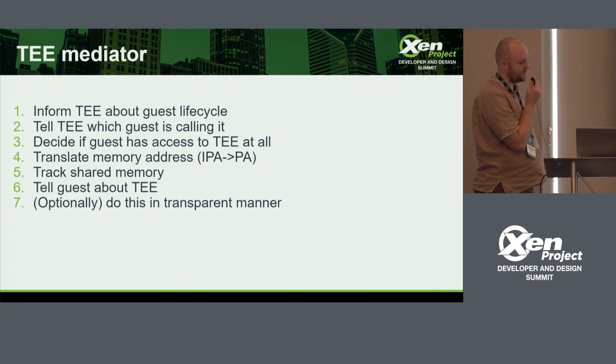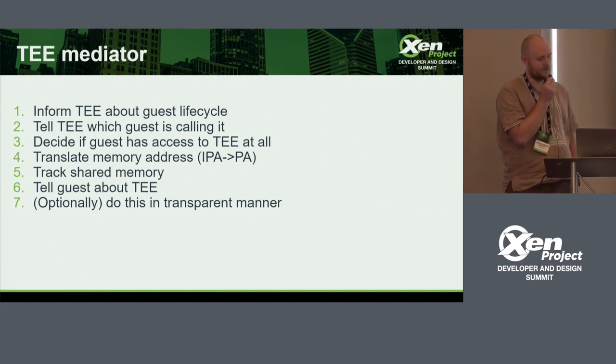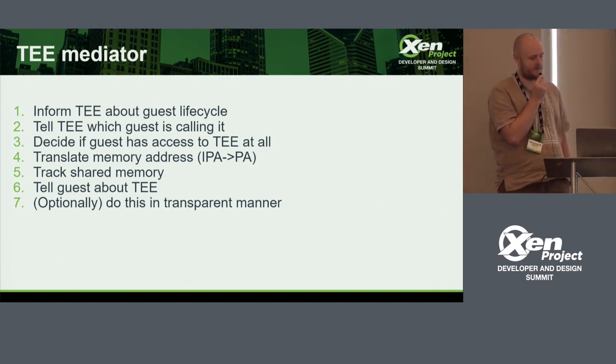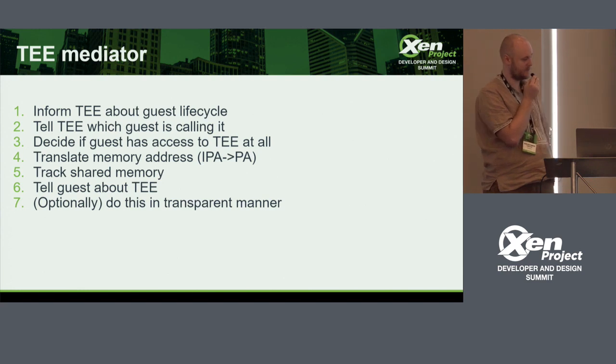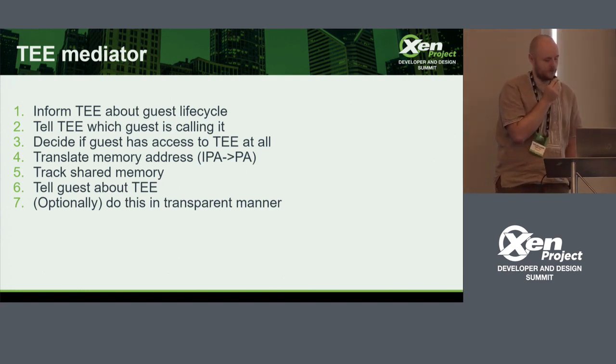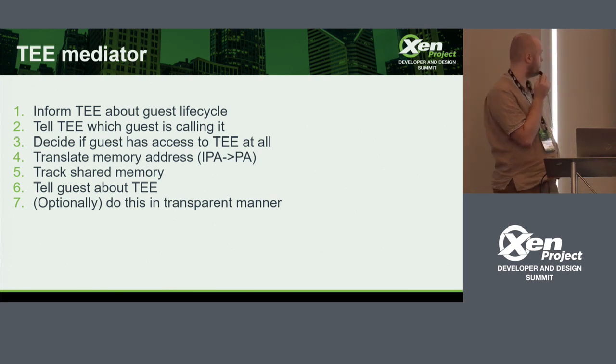Then there can be a number of different TEs, and we need to tell guests which TE is present on the platform. Then we need to control access, because we don't need all guests to work with TE.